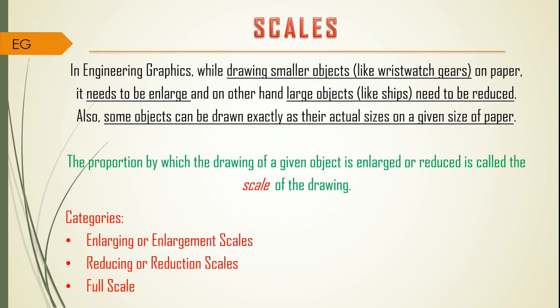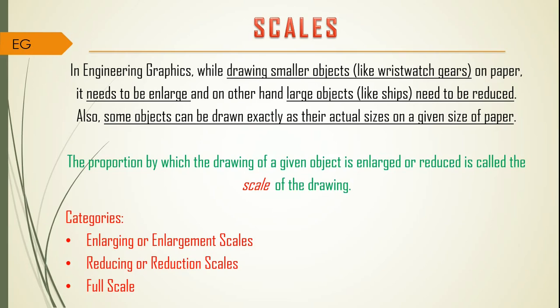So in that case, for such large objects, you need to reduce your scale as you have to put it on a paper. And in some cases, some objects can be drawn with their exact actual sizes on a paper.